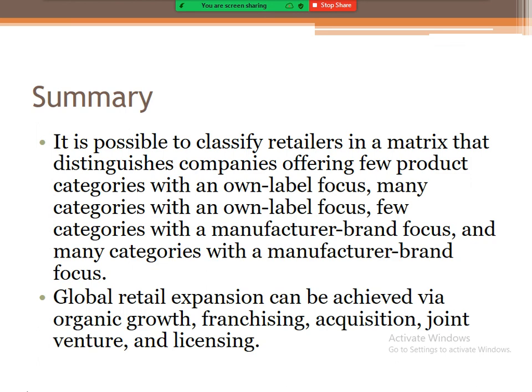We have seen that also in detail. So, global retail expansion can be achieved through organic growth, franchising, acquisition, joint venture, and licensing. So, that matrix that we have studied.